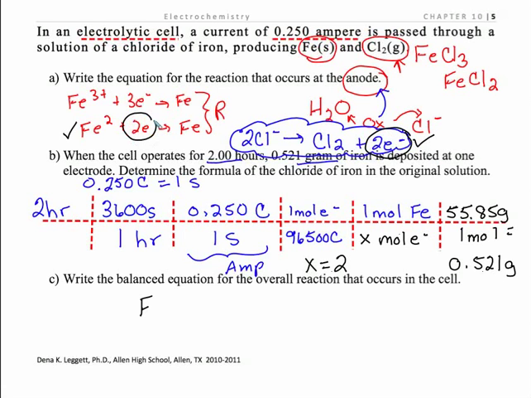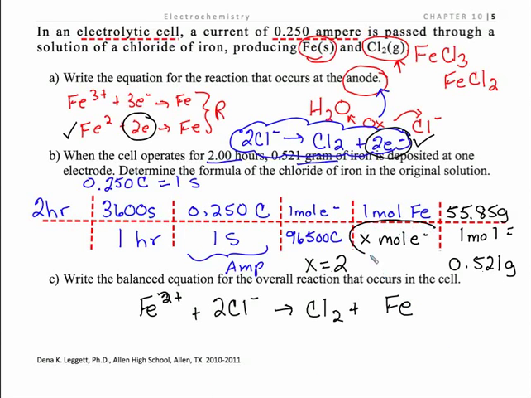They both involve 2 electrons, so I don't need to multiply either by a balancing factor, even though I was about to mess that up there. That should be a 2 plus, not 3 plus. So I have Fe2+ plus 2 chlorides yields Cl2 plus Fe would be my balanced equation.